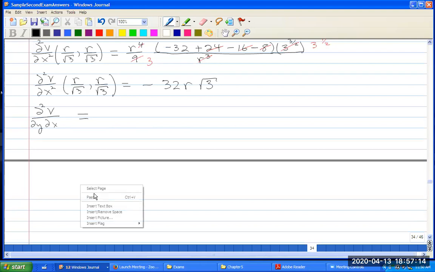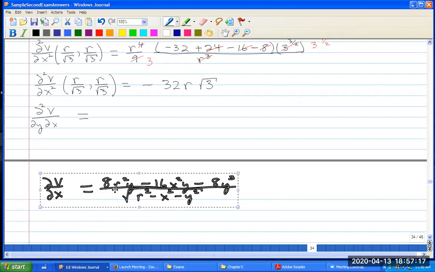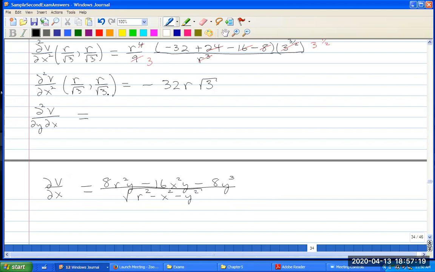Let's take the partial of this with respect to y. And so you'll get an 8. Again, I'm going to use the quotient rule.